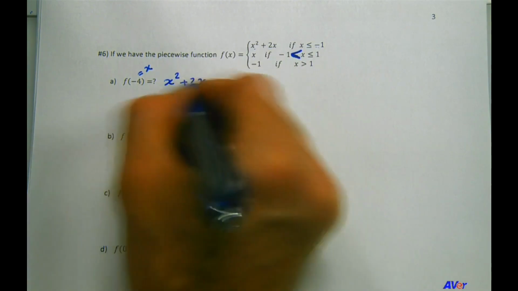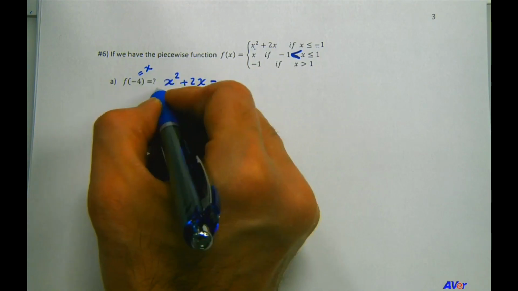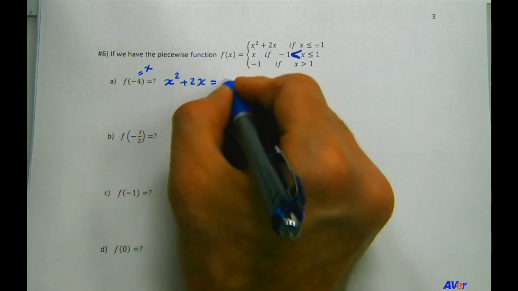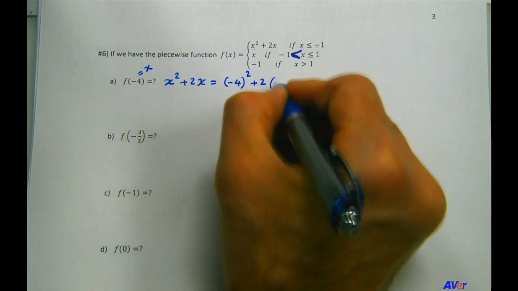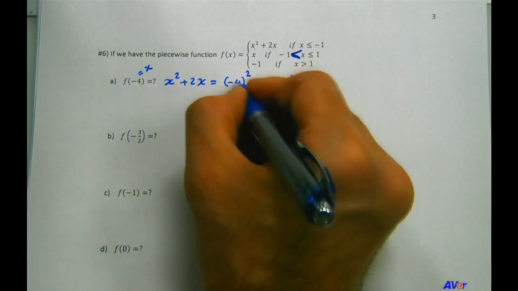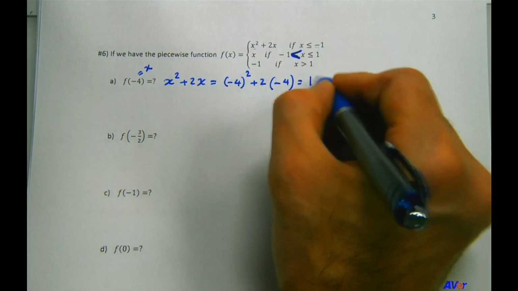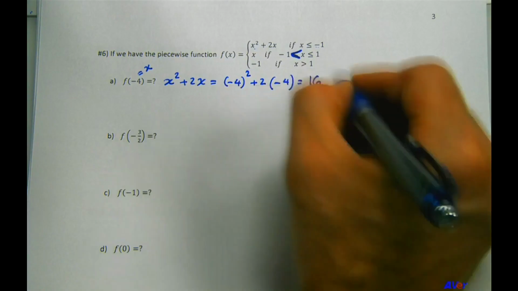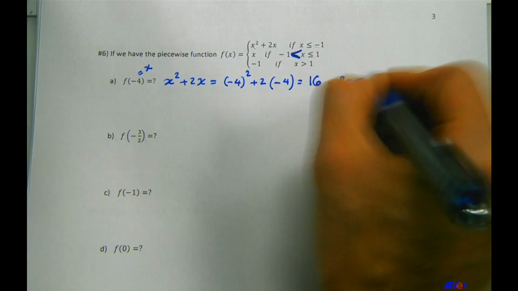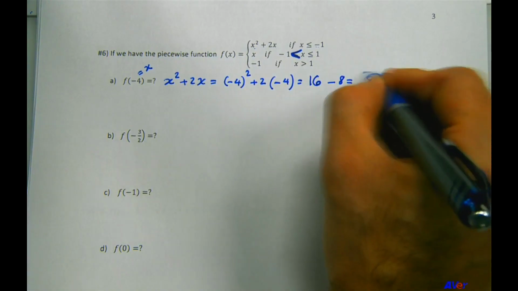So let's plug into that function with x equals -4. -4 squared plus 2 times -4. -4 squared is going to be positive 16. Positive 2 times -4, minus 8. 16 minus 8, positive 8.